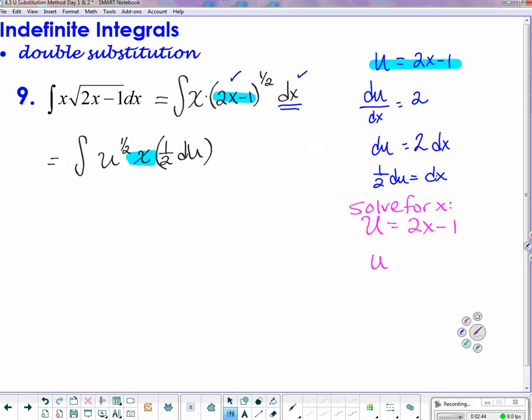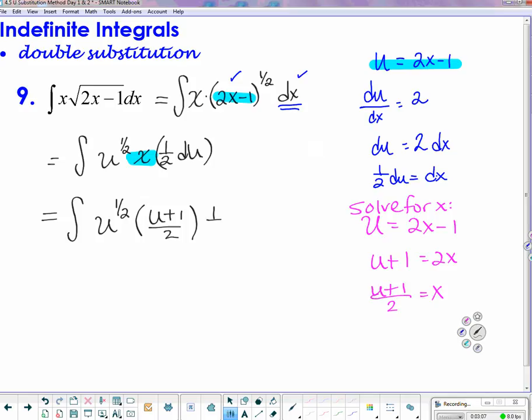Doing that, u plus 1 equals 2x, or u plus 1 divided by 2 equals x. So let's replace one more time. This is why it gets the name of a double sub. Let's replace that final x with u plus 1 over 2, and then I have this 1/2 du.